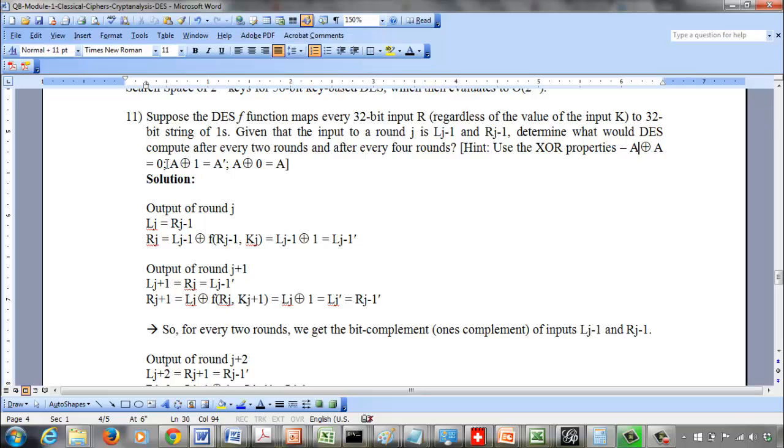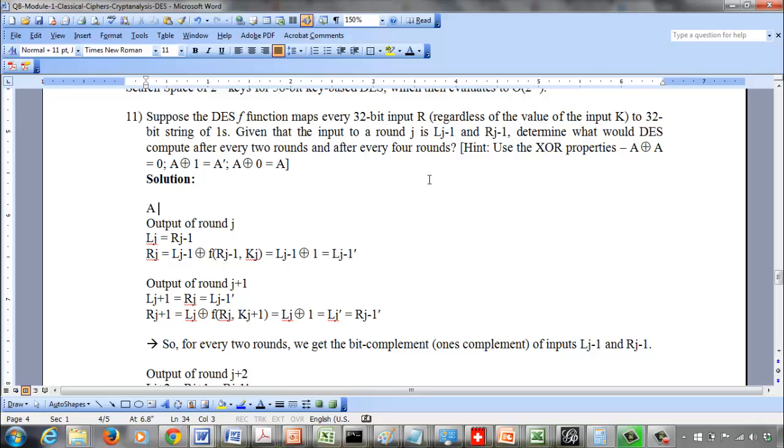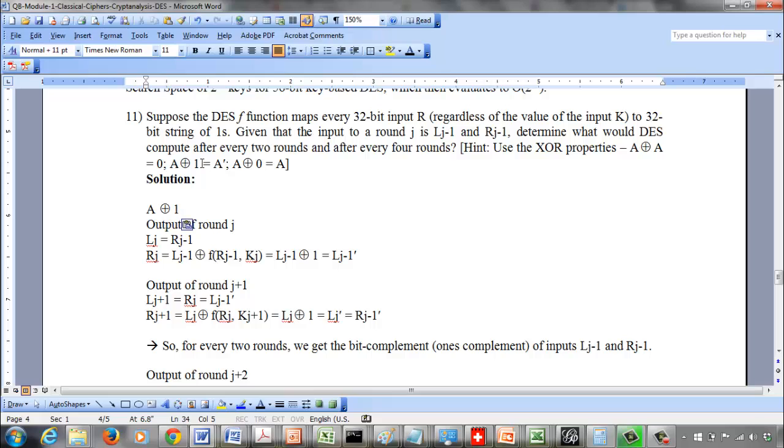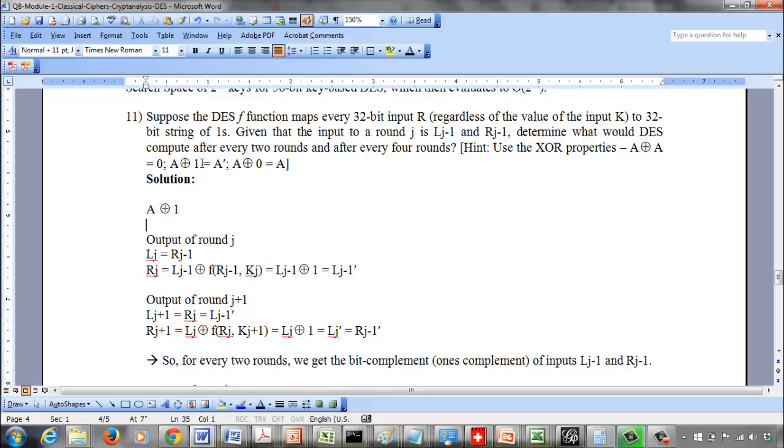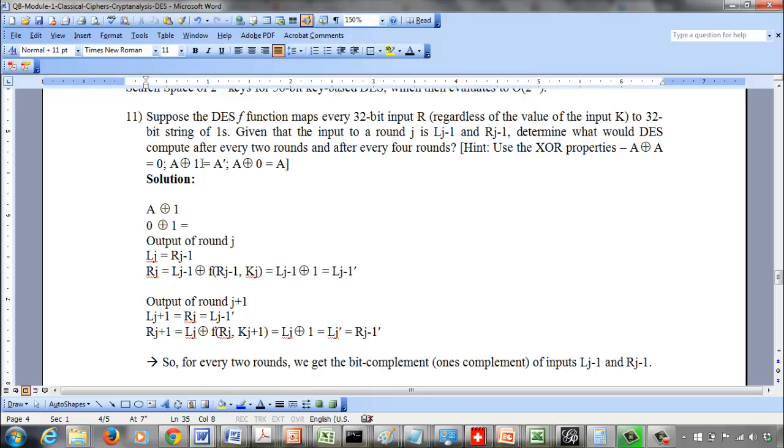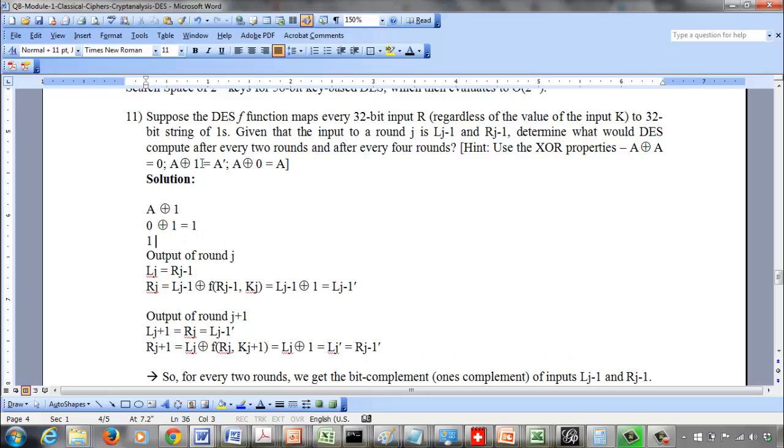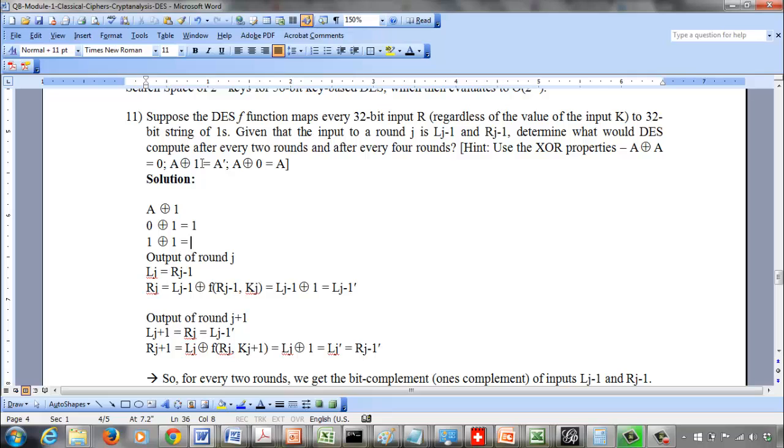If A is XORed with 1, it depends: if A is 0, XORed with 1 I get a 1; if A is 1, XORed with 1 I get a 0.